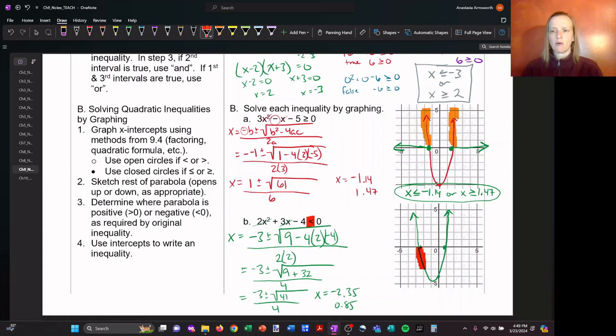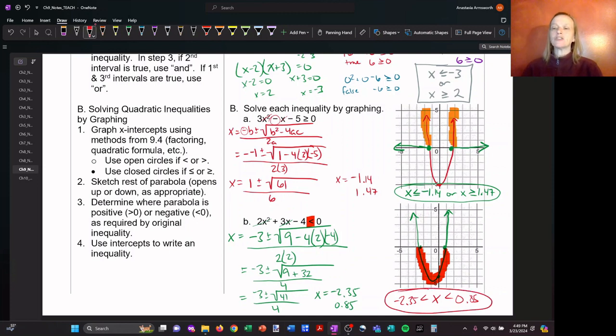So I'm looking at where my parabola is negative and hangs below the x-axis. So I'm specifically looking for x values that are between those two x-intercepts when x is greater than negative 2.35 and when x is less than 0.85.